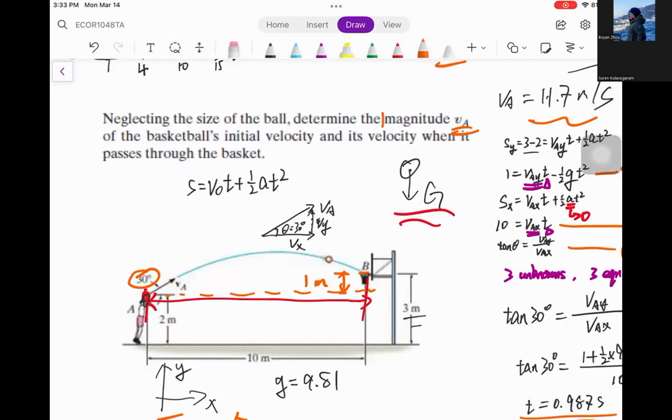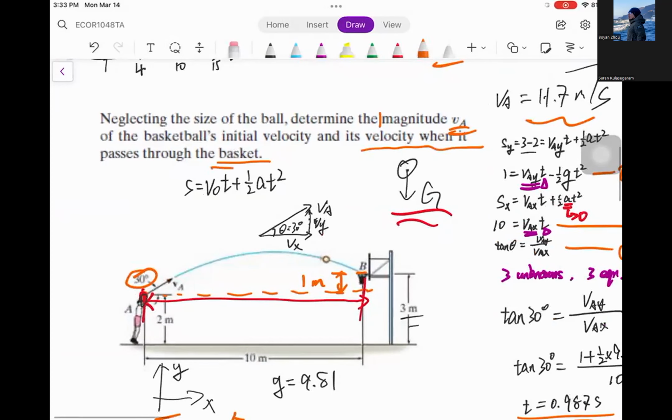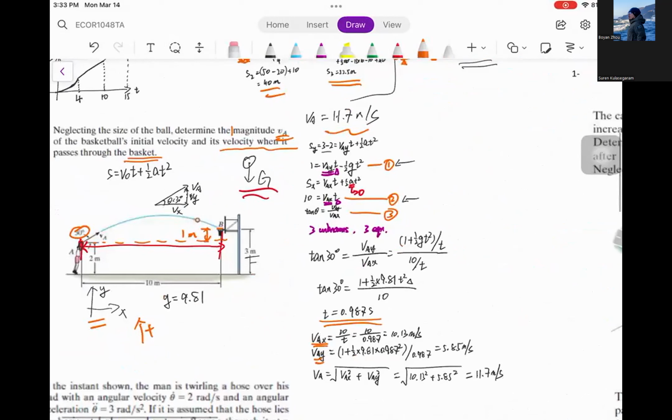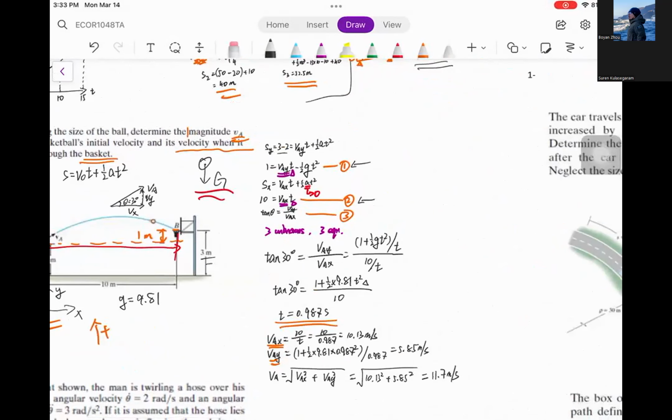Next, we need to find the velocity when the basketball passes the basket. Essentially, it's just the horizontal and vertical speeds at point B, and then we combine them to find the overall resultant velocity.